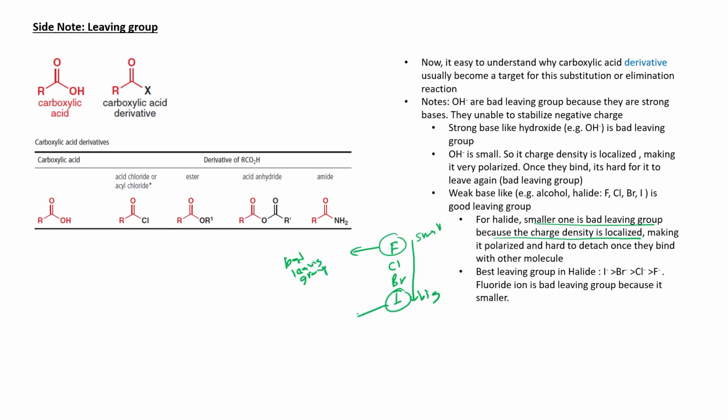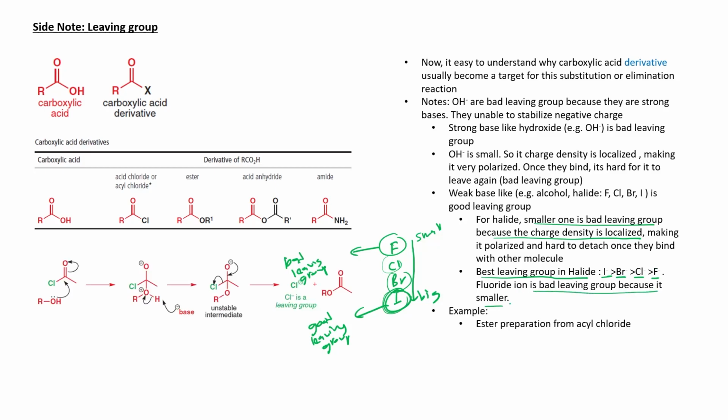But the I here is a good leaving group because it can just detach itself, because the charge is not localized, so it's much easier for it to detach from another compound. The best leaving group in halide is I, then Br, Cl, F, meaning that iodide is a better leaving group than Br, Br is better than Cl, and fluoride ion is a bad leaving group because it is smaller.